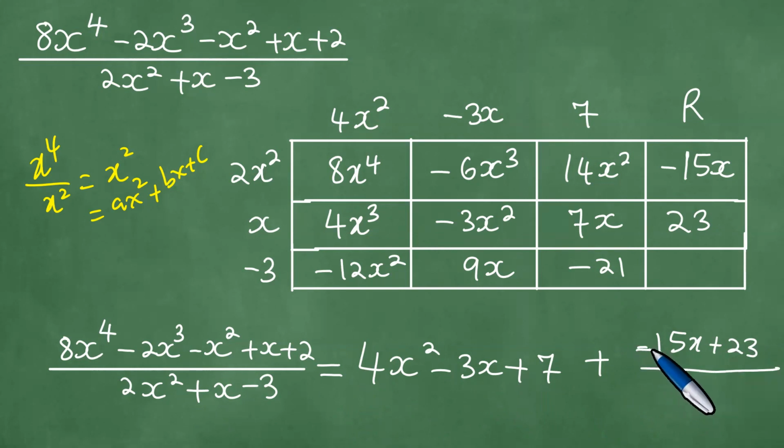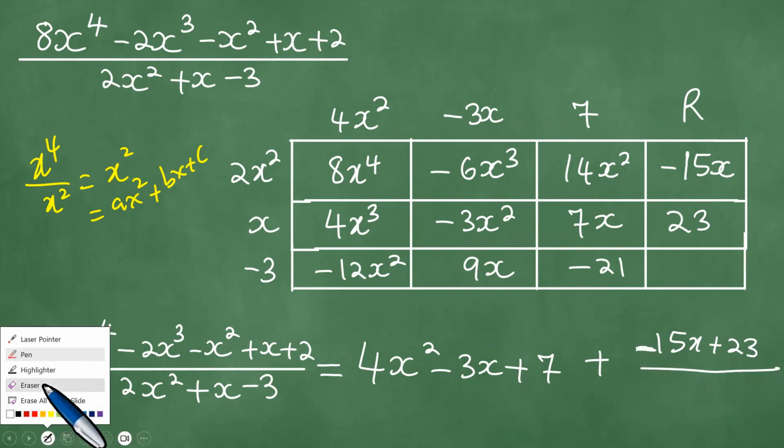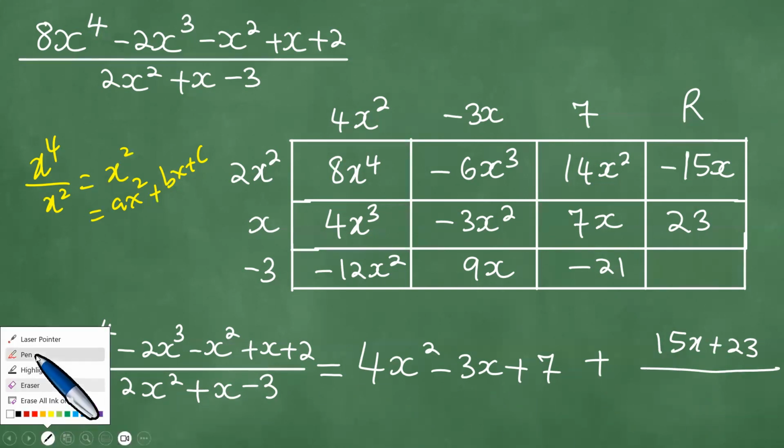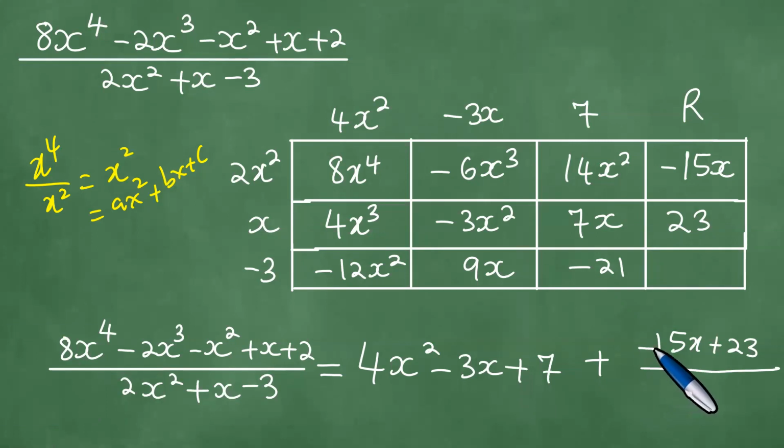You divide everything by the following. So you divide by the divisor. What is the divisor? It is exactly 2x squared plus x minus 3.